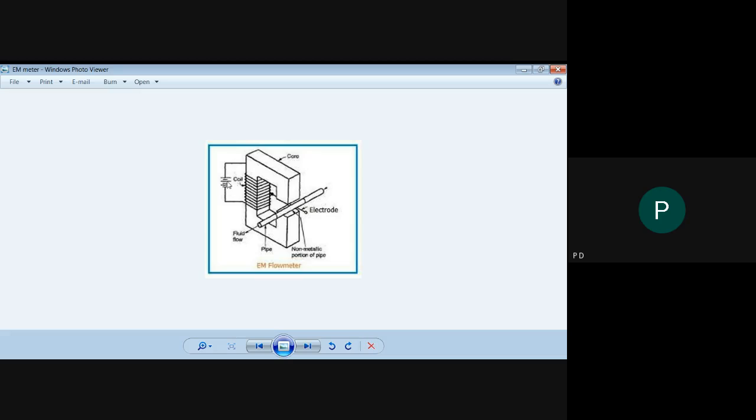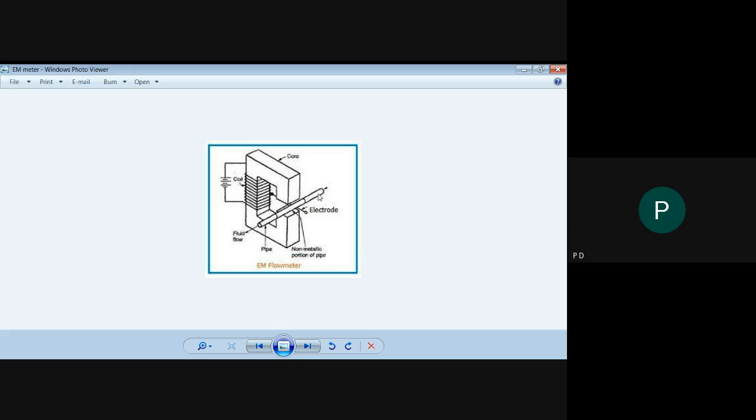To the coil we apply an external power supply. In between the C-shaped permanent magnet, we fix one pipe through which we are going to pass a conductive fluid. To this pipe we insert two electrodes opposite to each other, which are perpendicular to both the magnetic field generated by this permanent magnet and the axis of the pipe.